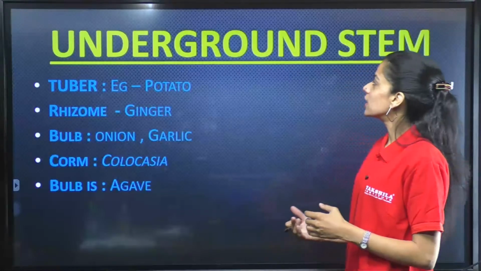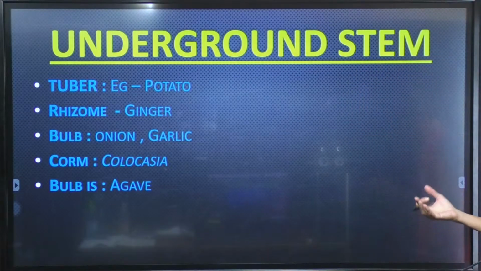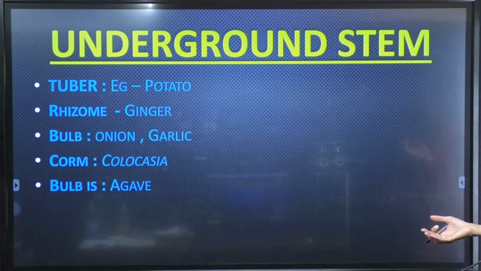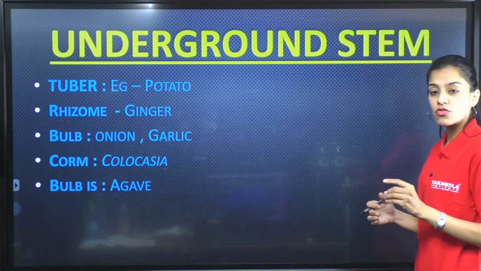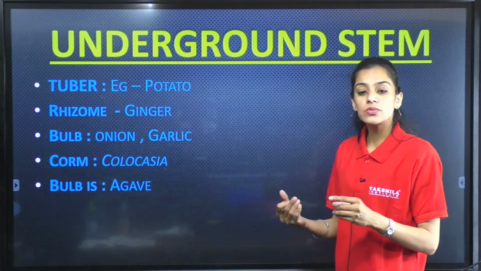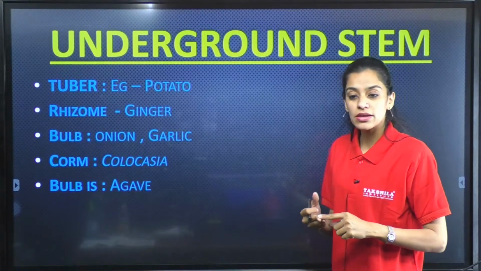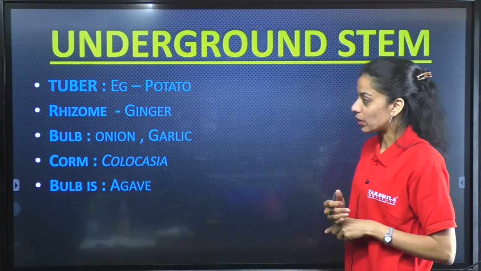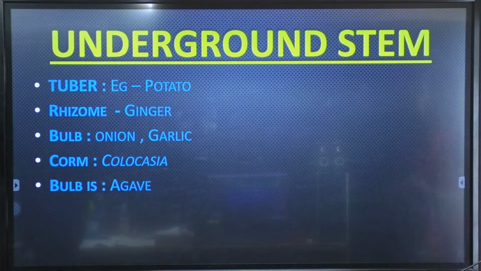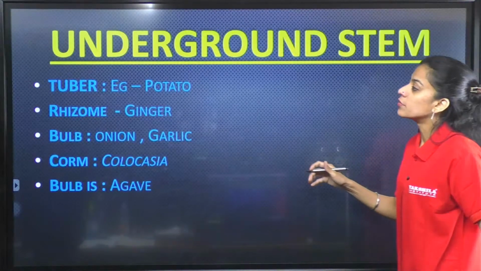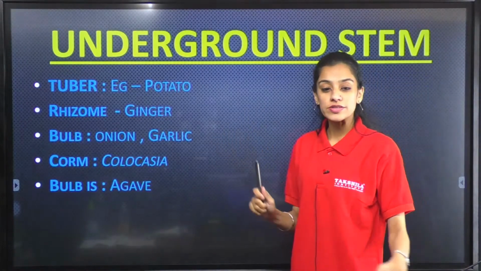So it says that if we talk about the stem, we'll be talking about the stem in three forms, that is either the underground stem, then the subaerial, and then the aerial one. So if we talk about the underground stem, so we have tuber, for example potato, right?